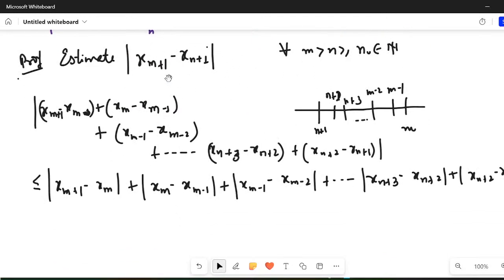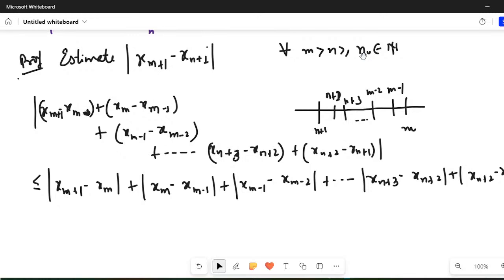So basically what I've done is just add one term. If I'm able to show it is less than epsilon for all m greater than or equal to n, n not belonging to the naturals, indeed I'm going to establish the Cauchiness of this particular sequence. I hope you're getting the point.